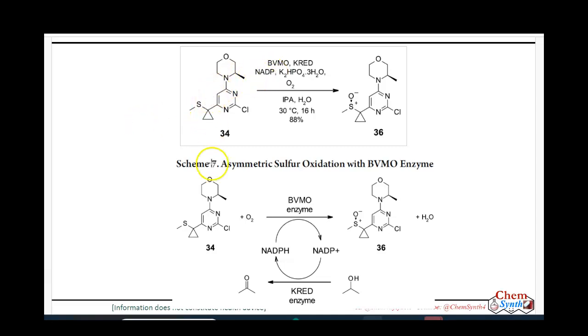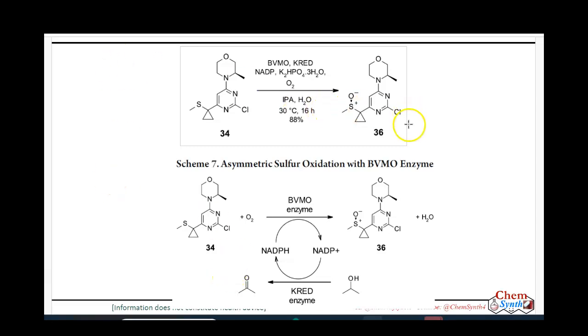So they used this BVMO, that is the Baeyer-Villiger monooxygenase, and they used NADPH, that is nicotinamide adenine dinucleotide phosphate, as the cofactor, which is getting oxidized to NADP plus during that reaction, and to recycle that one they used this KRED, that is ketoreductase enzyme, which is oxidizing isopropanol into acetone.